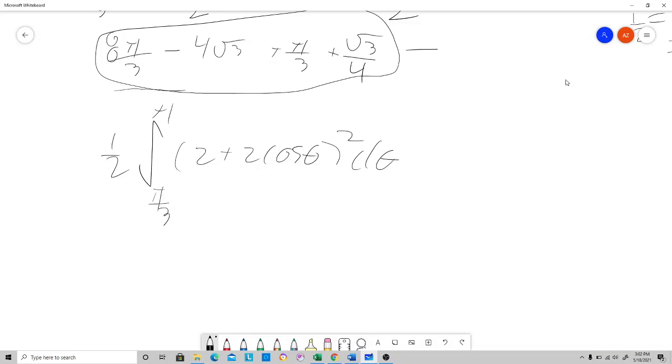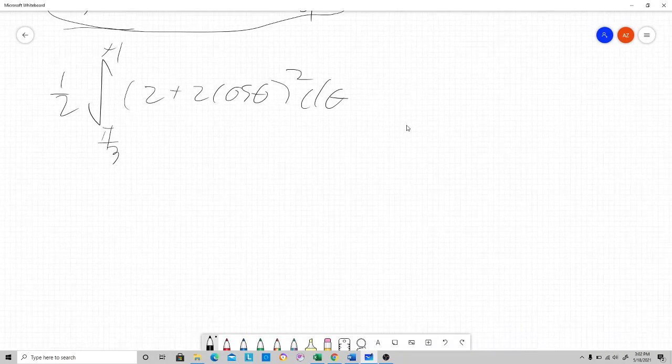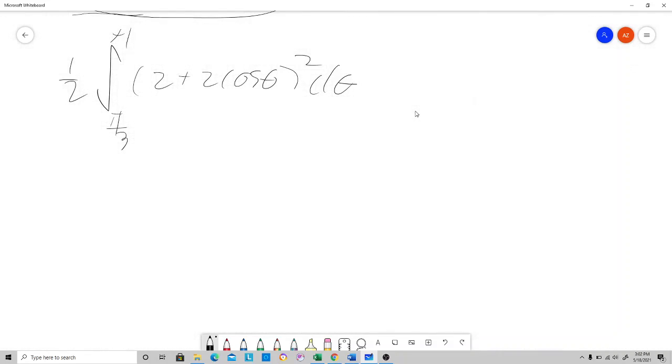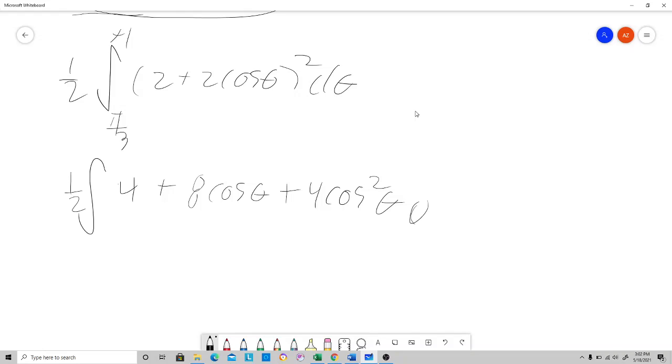And then if we do it from there, it'll be 4 plus 8 cosine theta plus 4 cosine squared theta d theta. And this is very similar to the last problem.